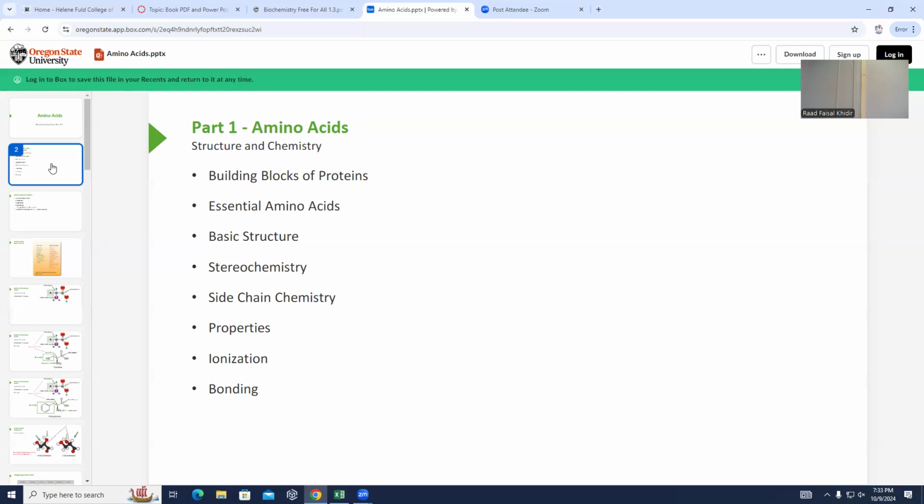So these guys used to look like this, right? OH and H. They are separated now. If I want to join them, make a peptide bond, what do I do? You take away the H. You take the H and the OH, so now you remove H2O.